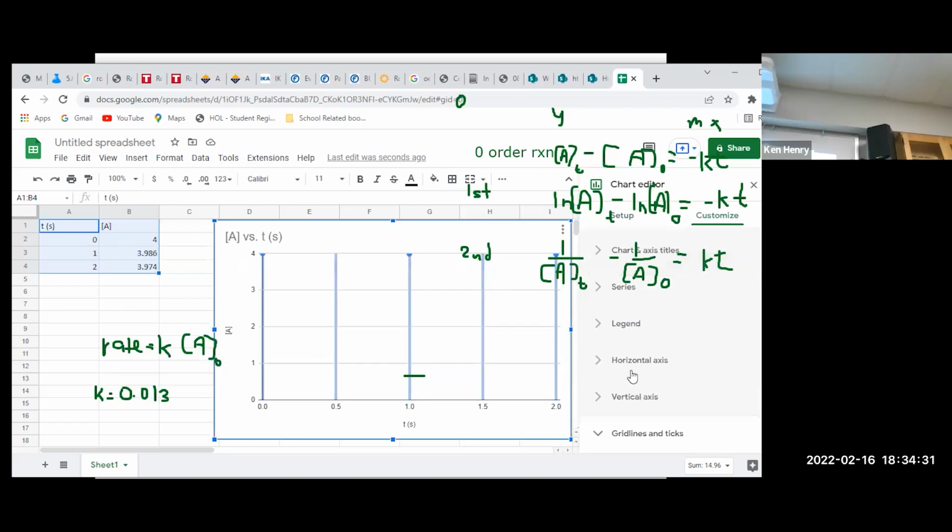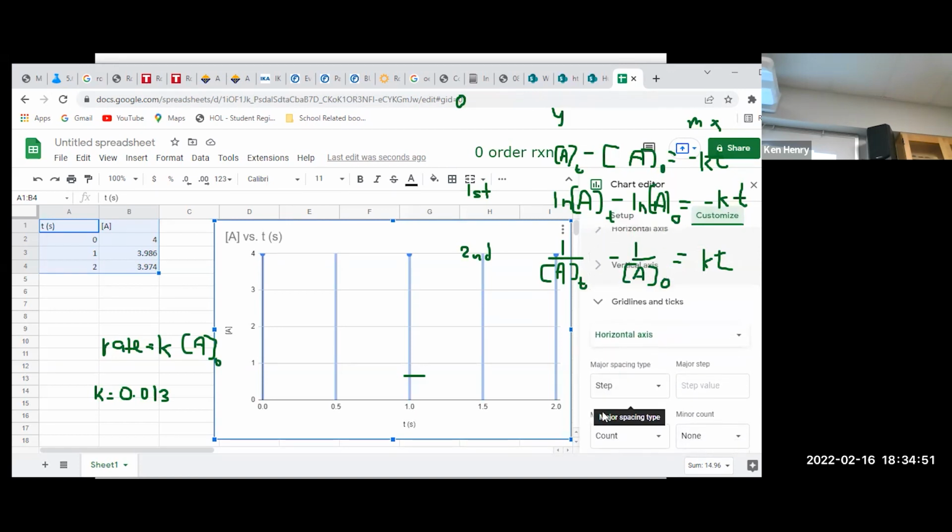So we have to change the scale. I have to remember how to change the scale. Oh, here we go.